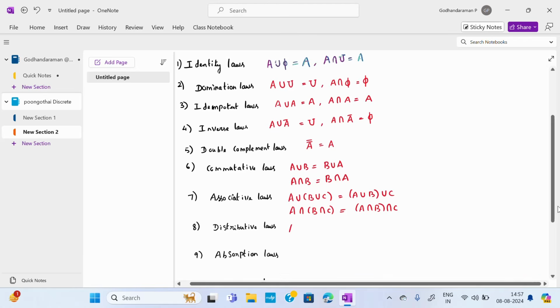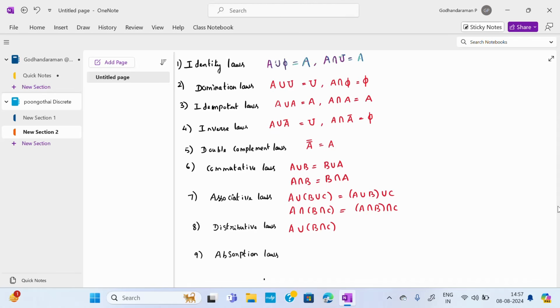Distributive is not like that. Union and intersection, both combinations will come in a distributive problem. See here, if both are involved in the question itself, you have to apply your distributive law. When you have 3 events but only union, it means the associative law. So you have to remember the law name plus the corresponding formula.